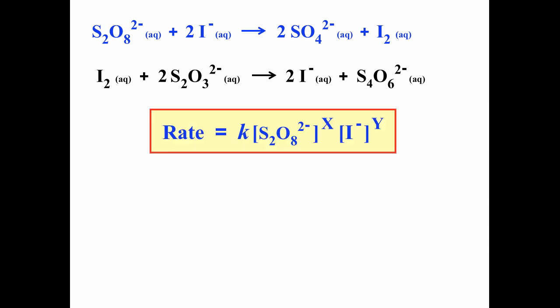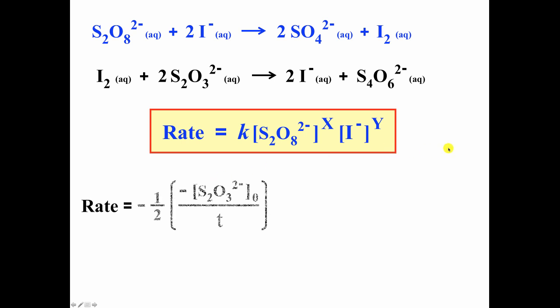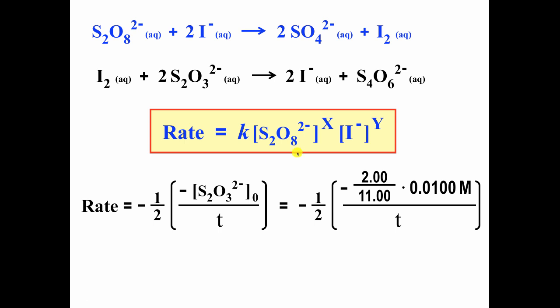Okay, so here's our form of the rate law again. And what we have just found is the rate is equal to -1/2 of negative S2O3 2- initial. So sometimes we use a superscript 0 to indicate time equals 0 for our initial, divided by T. And then remember that the S2O3 2- concentration when we started the experiment was 0.01 molar, and we used 2 milliliters of it in every experiment, every trial, and in a total solution volume of 11 milliliters.